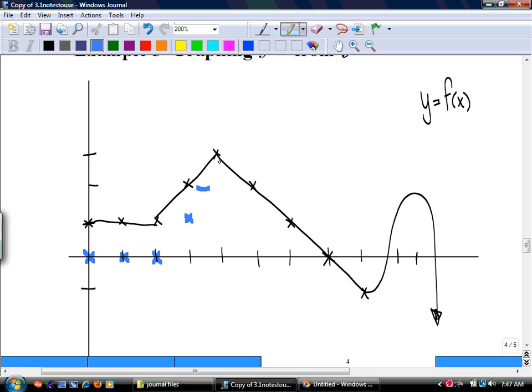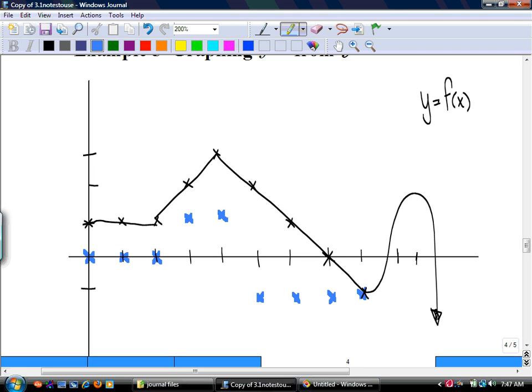From here to here, it's just rising 1 and running 1. What's the slope? 1. Slope of the next point. Negative 1. Slope of the next point. Negative 1.